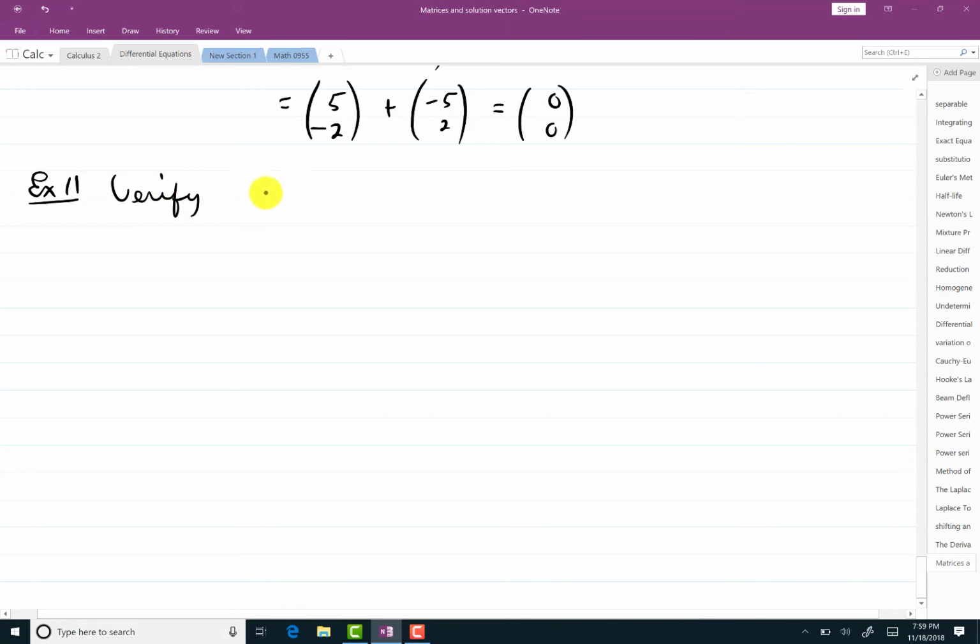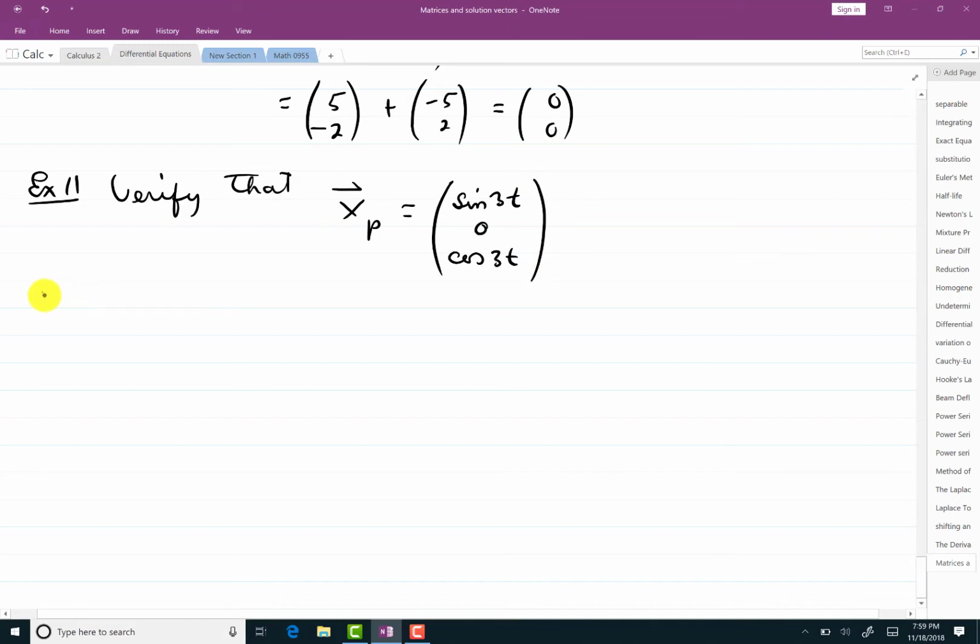Let me verify that. Let's have another particular solution. X sub p arrow. This time a little one with a little more complication. We have sine of 3t, 0, and then cosine of 3t.